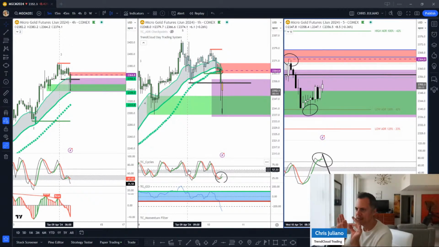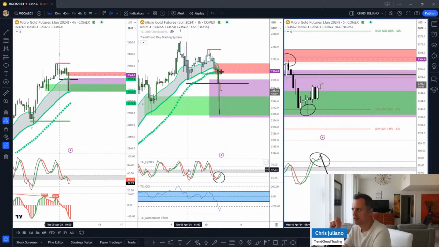We've used everything today in this one example on the micro gold and showed step by step what the patterns look like. So this is essentially a little bit of pattern recognition lesson with the moving pieces of TrendCloud added to it, right? So it's a great lesson.